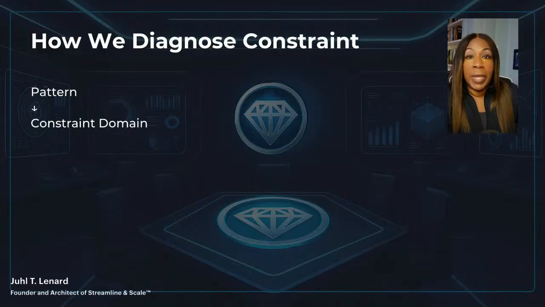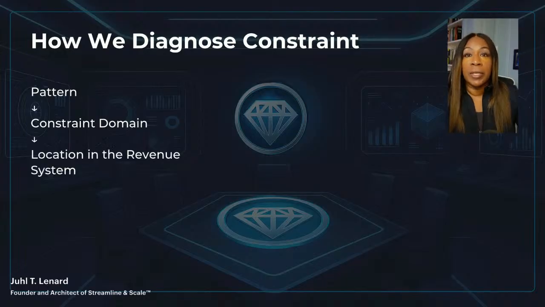Once we identify the constraint domain, so the patterns align with it, then locating it in the revenue system is where we can begin to make the fixes necessary for the system to free up our revenue and cash flow.